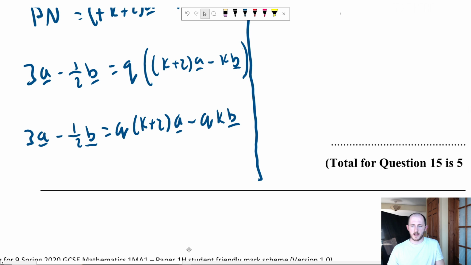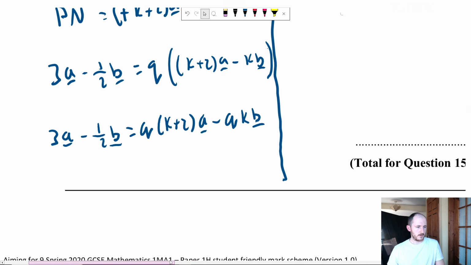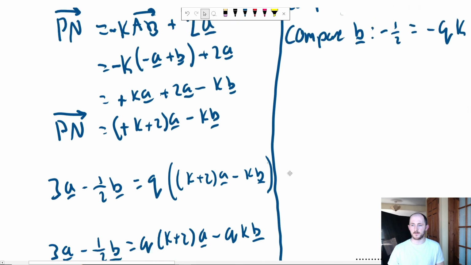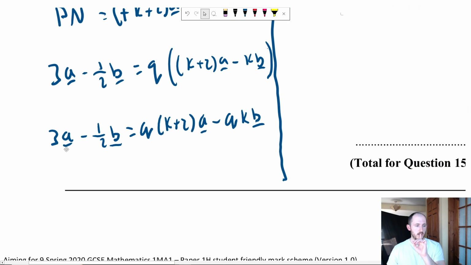Is that the simultaneous equation? Not quite. The simultaneous equation is both parts here. Right? If this was just like algebra, the coefficient of a on the left side should equal the coefficient of a on the right-hand side, because they're directly equal to each other.